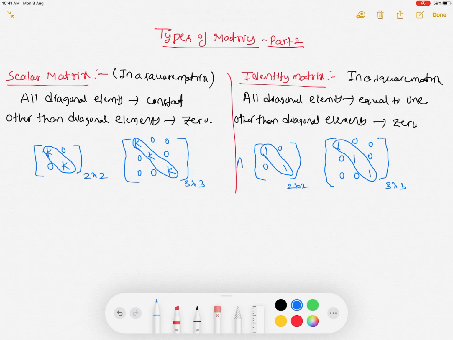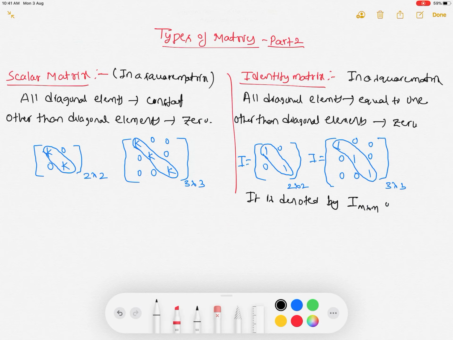The identity matrix is denoted by I. It is a very important symbol, denoted by I.